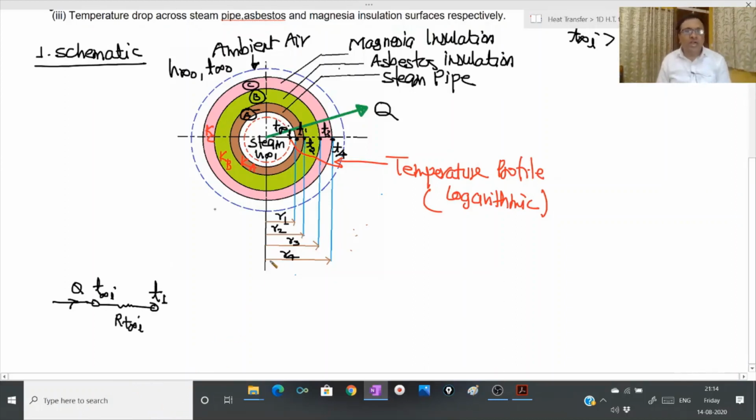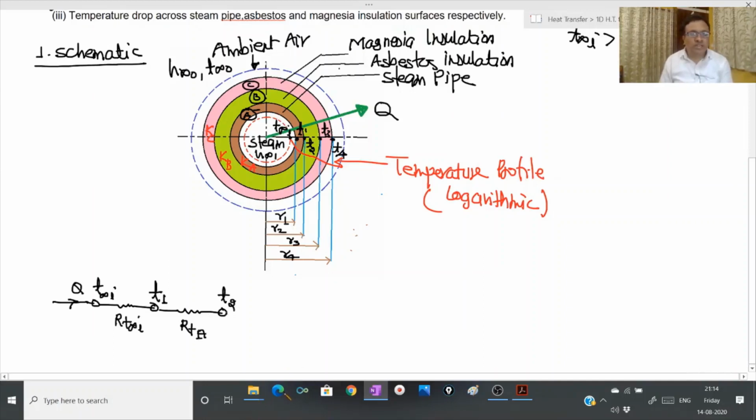It will be a convective thermal resistance. The second thermal resistance will be offered by the material of the steam pipe between temperatures T1 and T2. It will be conductive thermal resistance represented by RT1, or I can also represent it by RTA.